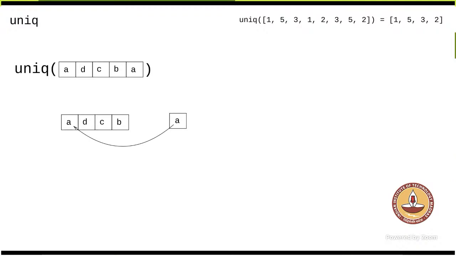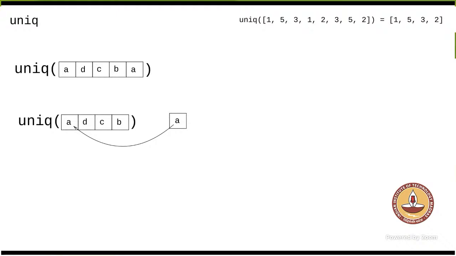If is member last of L, init of L, then last of L should be discarded. Okay, return what? In that case, return unique of init of L. Okay.